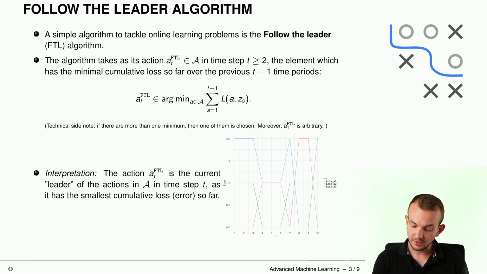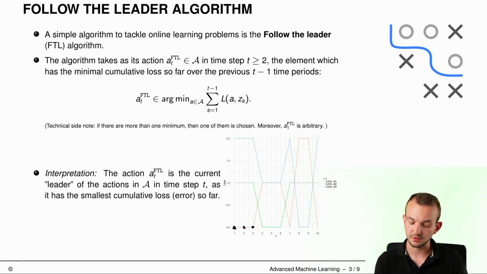So this red action here starts with no loss, no loss, no loss. So it has the smallest cumulative loss so far. The green one started with a loss of 1 and then suffered no loss anymore. But still the red one will be preferred because it has a smaller cumulative loss.